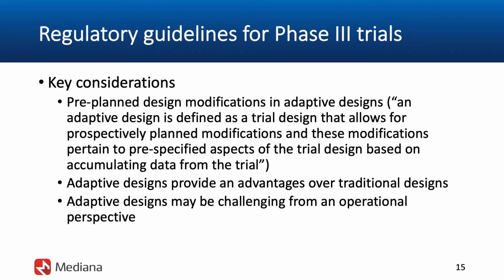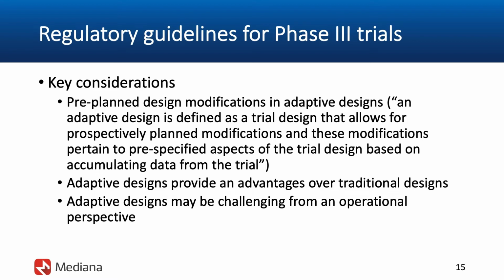And both guidelines, I think, do a good job of driving this point home, and they state repeatedly that potential design modifications should be prospectively specified, and they should be clearly described in the trial protocol before the start of the trial. And we're going to come back to this point multiple times: the prospective specification of the decision rules applied at interim analyses in adaptive designs.